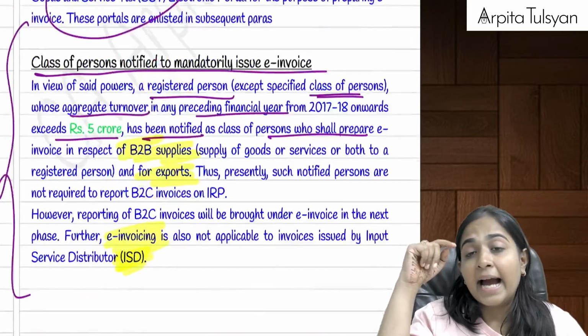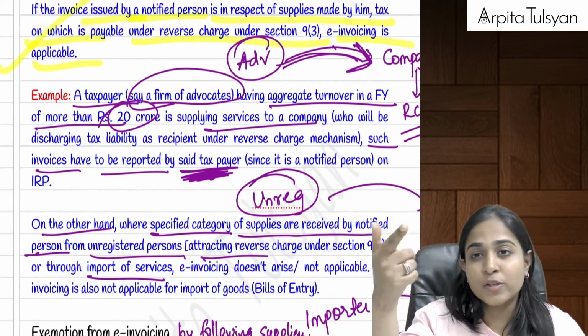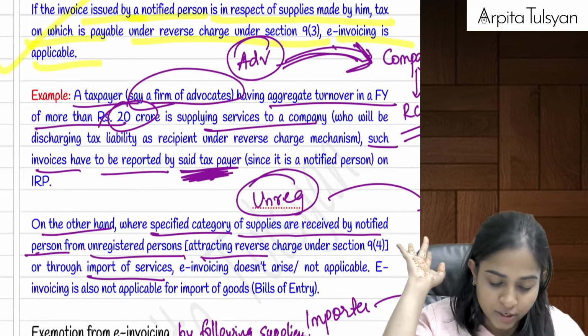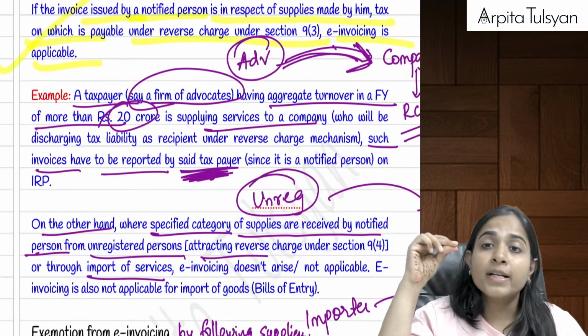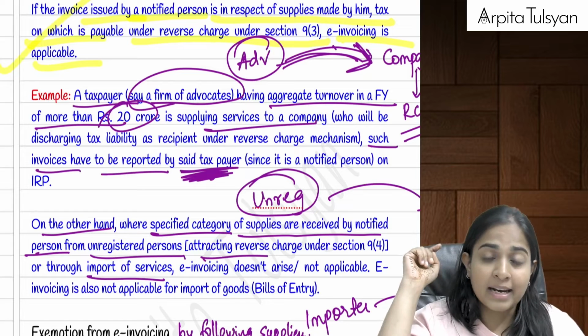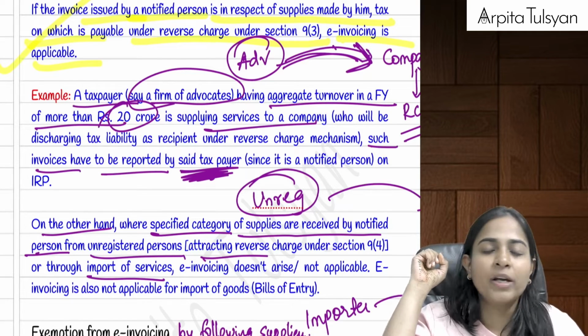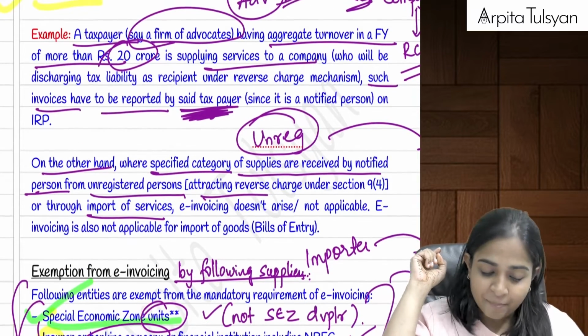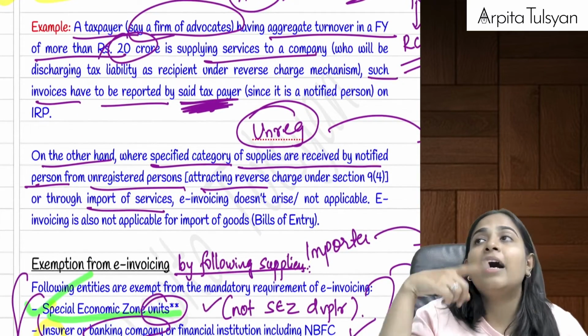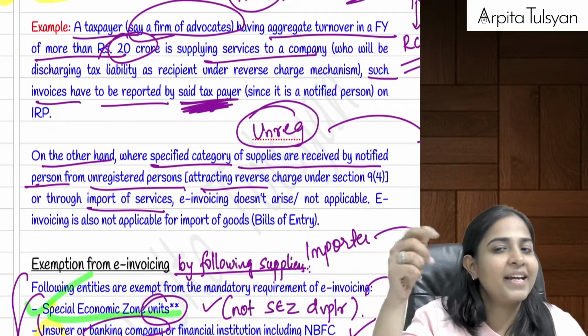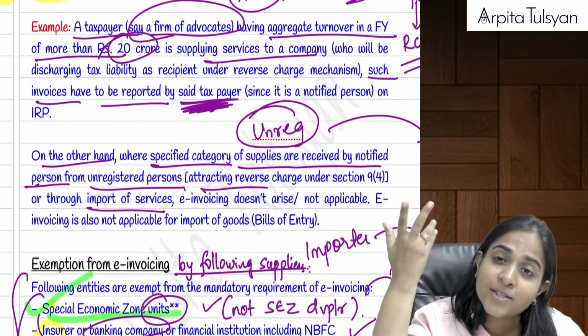But ISD, if he is issuing invoices to his offices for distribution of credit, e-invoicing is not applicable. Similarly, an importer, let's say we are importing goods from another country, then e-invoicing provisions are not applicable to that person. Similarly, an unregistered person making a supply, e-invoicing provision is not applicable because he is not registered at all.